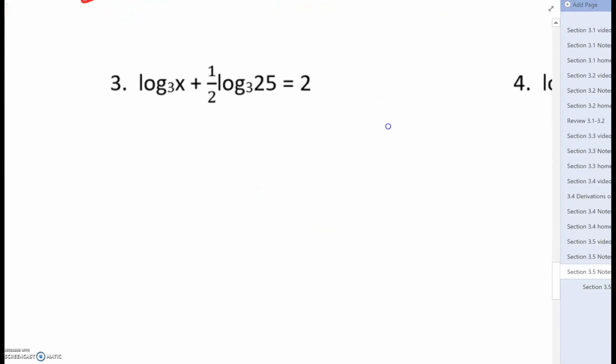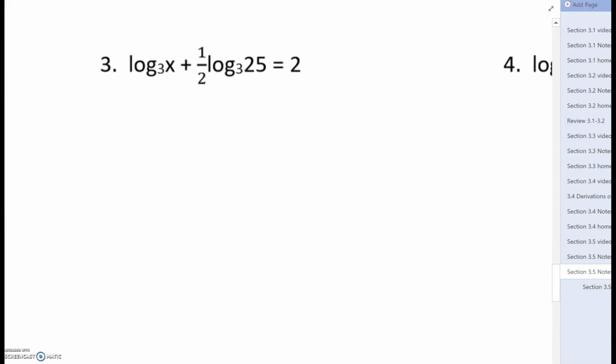Let's go over here to number 3. There we would need to combine the two logs into one on the left-hand side. First, I'm going to use the power property and take this 1/2 and make it an exponent.